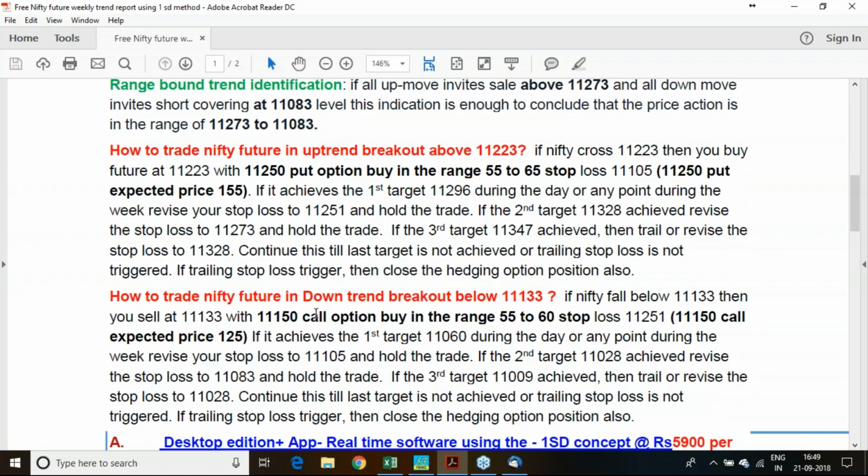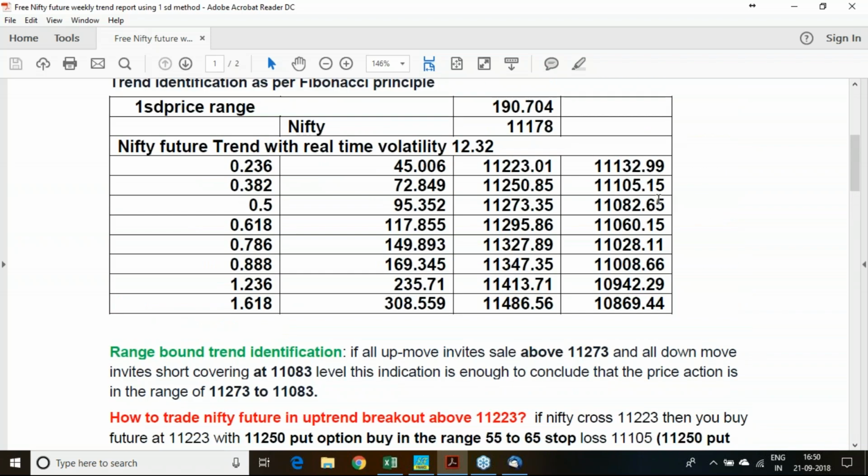Same way, if the Nifty opens on Monday and breaks below 11,133, we need to sell along with a long 11,150 call option, and we'll be putting the stop loss at 11,251. That 251, the 0.382 level, is the stop loss. You must ask me why I am putting the stop loss at 0.382.